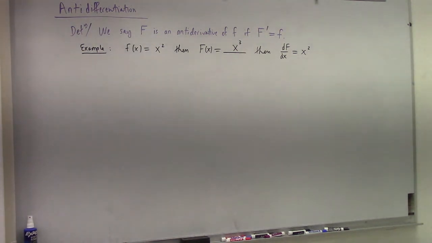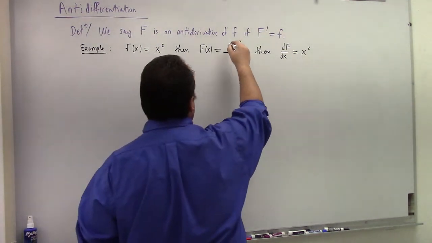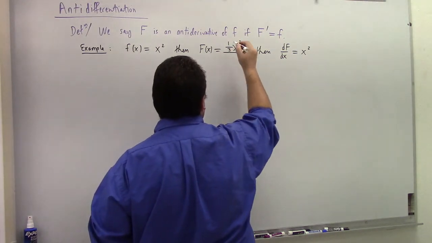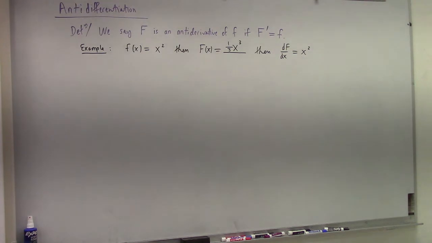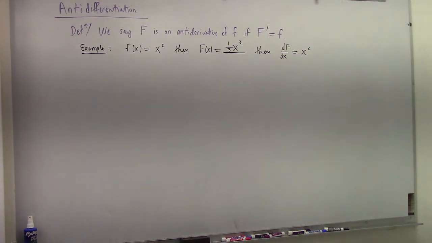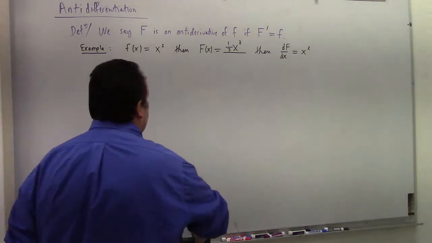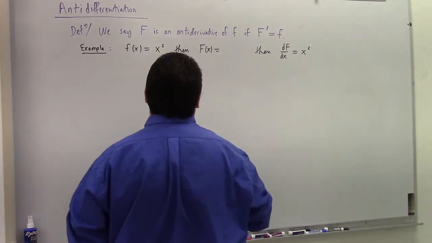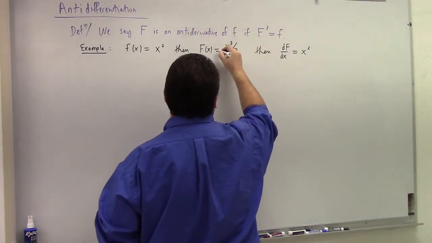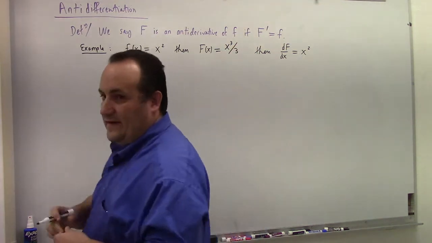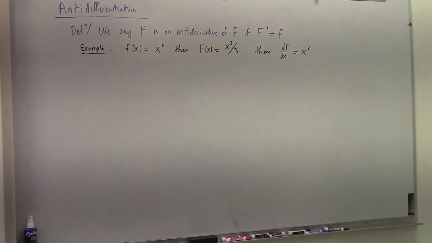Divide by 3. So 1/3 x cubed, or I like to write that as x cubed over 3 for the sake of board readability. That's the antiderivative of x squared.